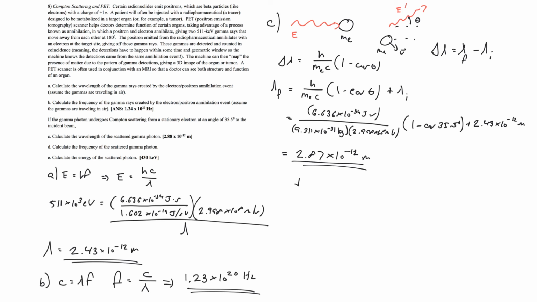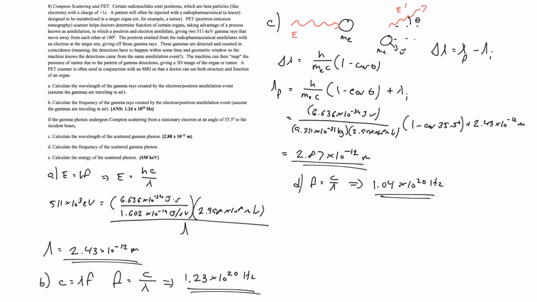So let's, for part D, calculate the frequency the same way we did before. And so we get the frequency of the scattered photon to be 1.04 times 10 to the 20 hertz.